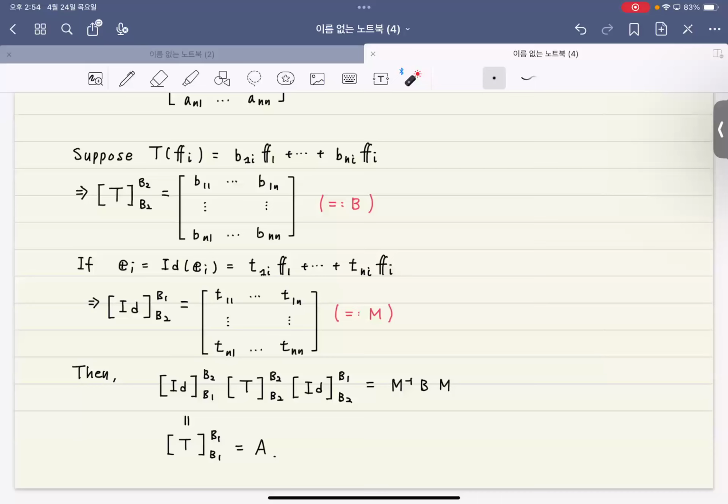Okay, let me correct myself. If you can find an invariant such that every similar matrix produces the same thing, then that is an invariant.